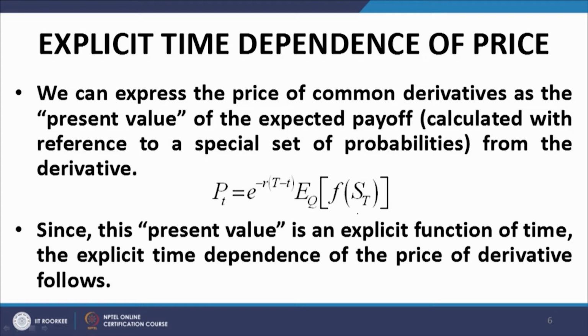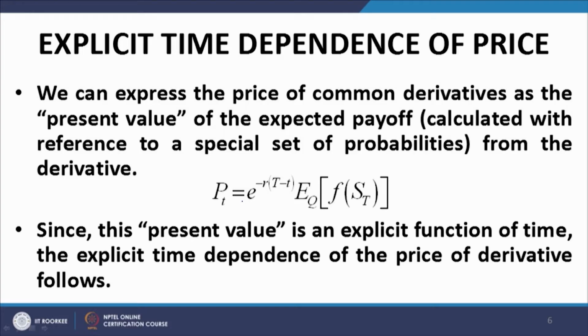Explicit time dependence: when we actually work out the price of a derivative, we find that, just as in the case of bonds where we worked out the intrinsic value, we can write down the price of a derivative in terms of the present value of future cash flows. What future cash flows?